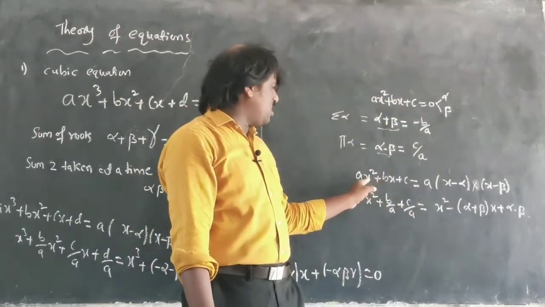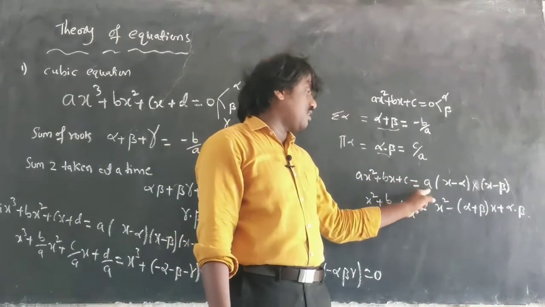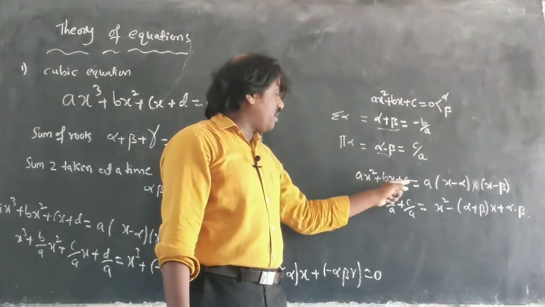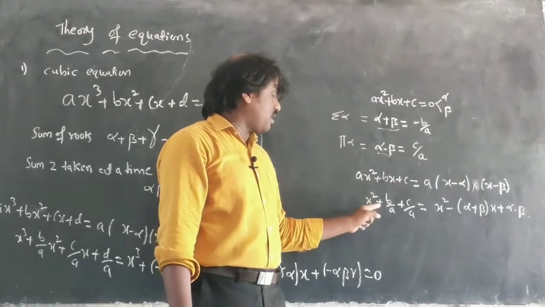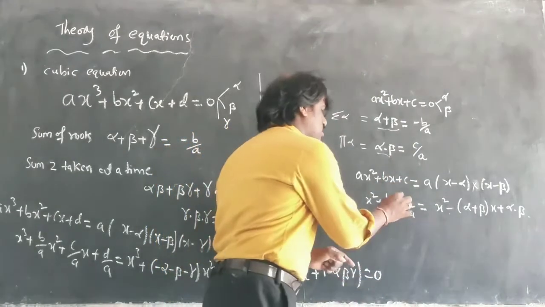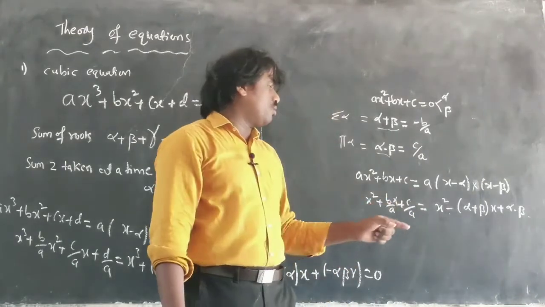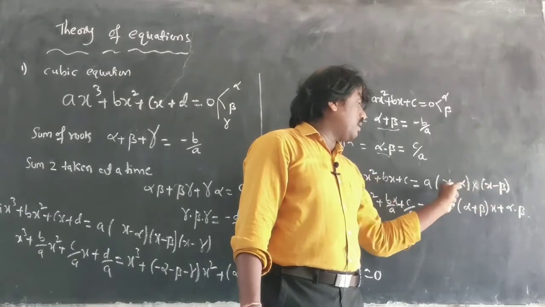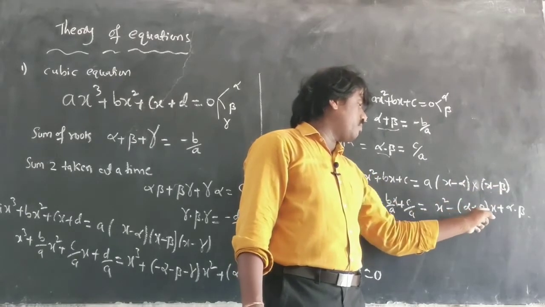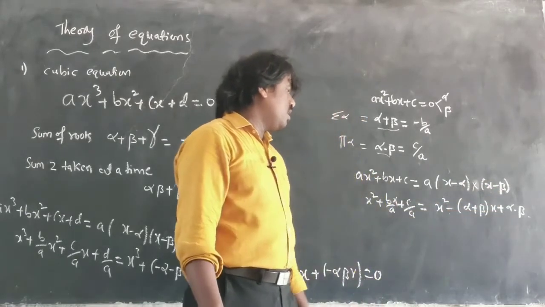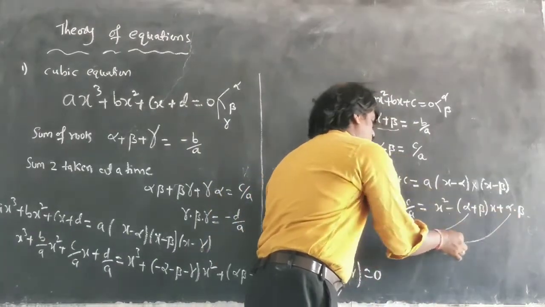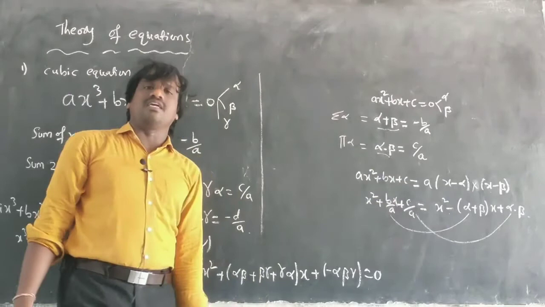But the coefficient of x square is a, that is the reason we write into a. Already I discussed this one. And whenever I divide by a, I get x square plus b by a into x plus c by a is equal to, when I am dividing by a it will be cancelled, and if I multiply this, I will get x square minus alpha plus beta times x plus alpha beta. So if we compare, the sum of the roots is minus b by a, the product of the roots is c by a. This thing I already informed you.